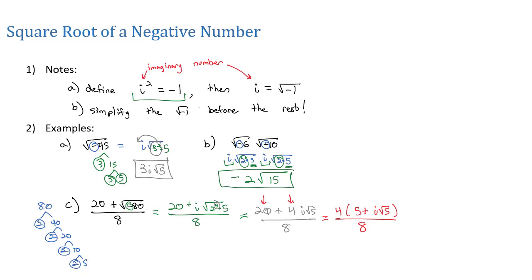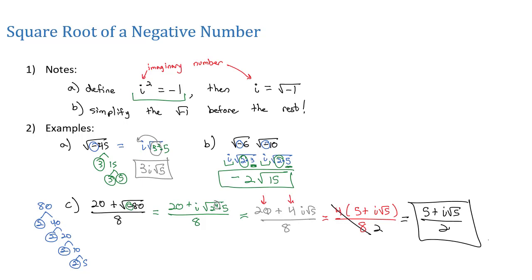Factors are multiplied. We cannot reduce if there's any adding or subtracting. Those are terms. Terms cannot be reduced. Only factors that are multiplied. But the 4 over 8 can reduce to 2. And when I do that, we get 5 plus i root 5 all over 2.